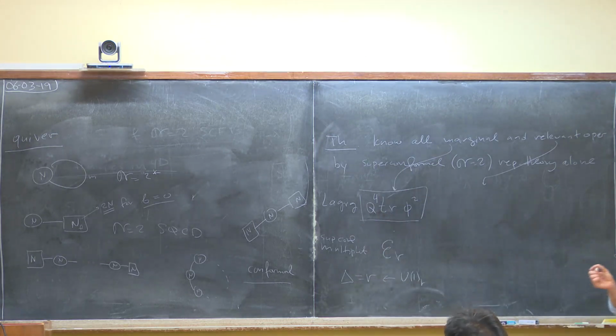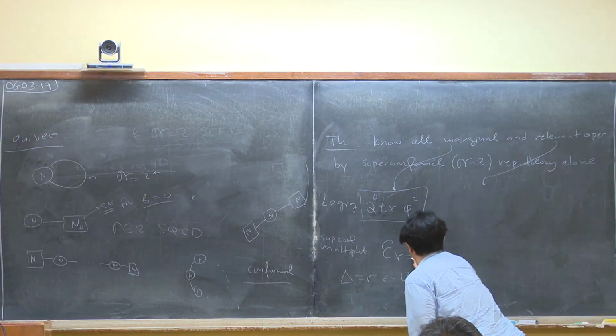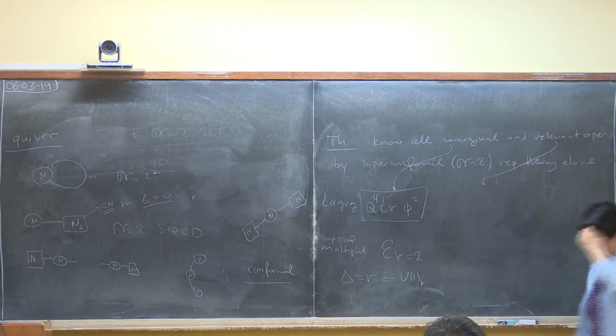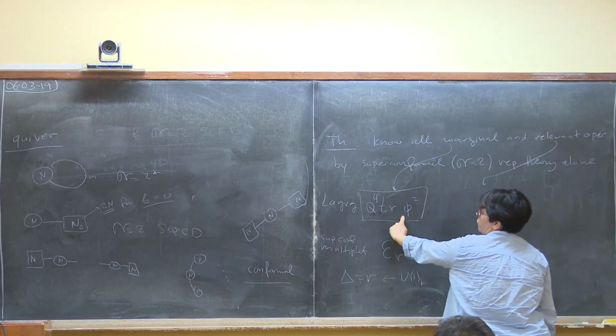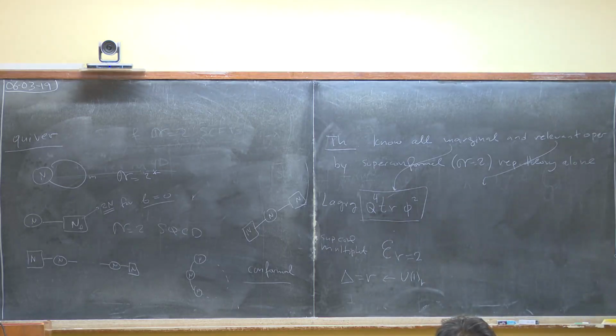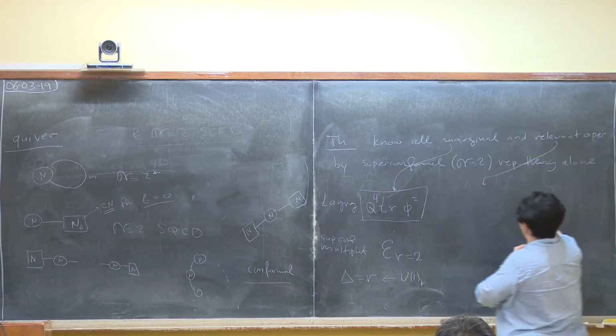They have precisely conformal dimension delta equal to 4, and they are protected. So in this case, R is equal to 2. And these are precisely the marginal deformations that an N=2 theory can have, and there is nothing else if you want a marginal deformation. And there are the relevant operators.